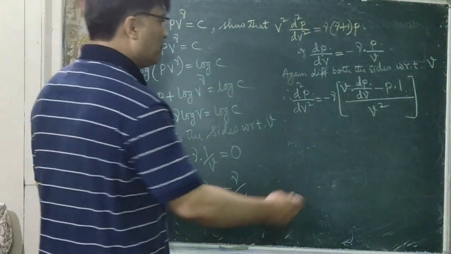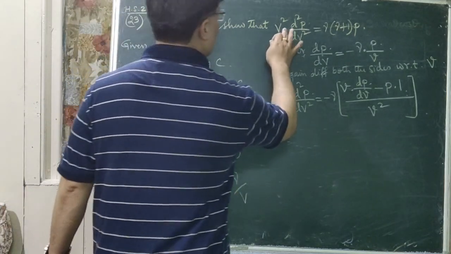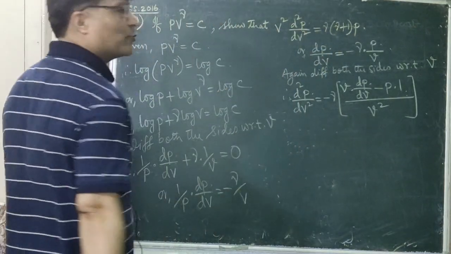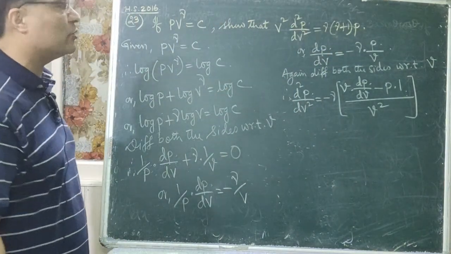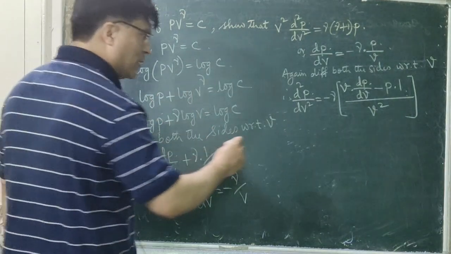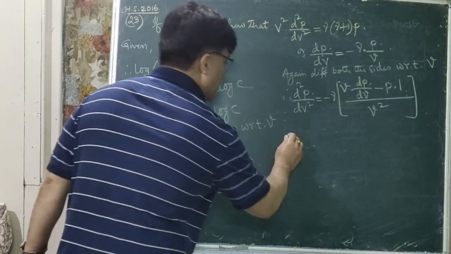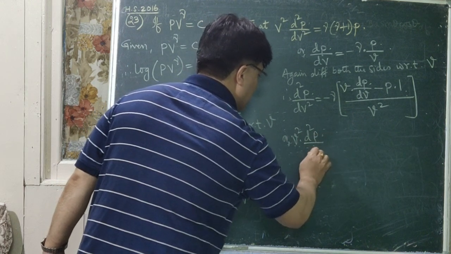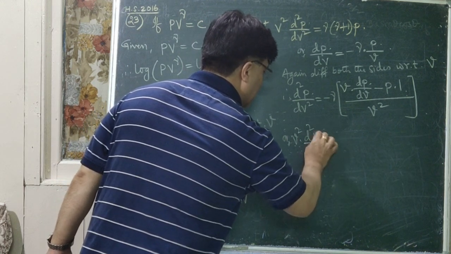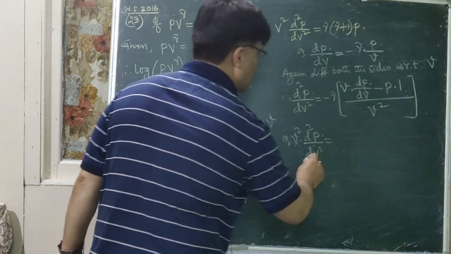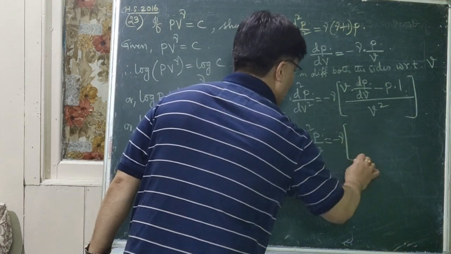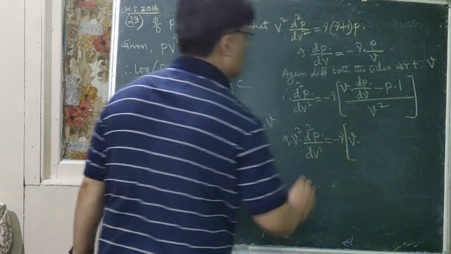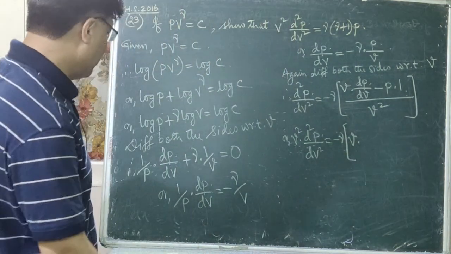Okay. Now in order to prove this relation, that is v square d2p by dv square is equal to gamma into gamma plus 1 into p. So now let us do cross multiplication. So it is v square into d2p by dv square, this is d2p by dv square is equal to minus gamma within third bracket v into, what is dp by dv?